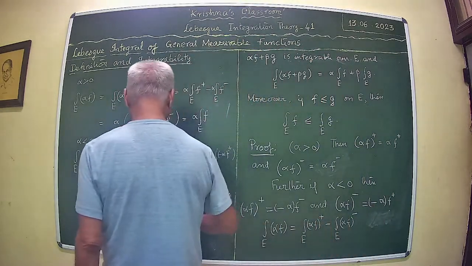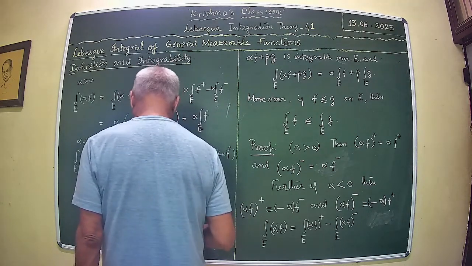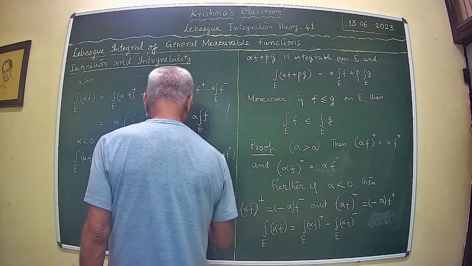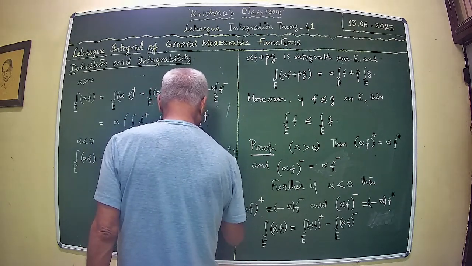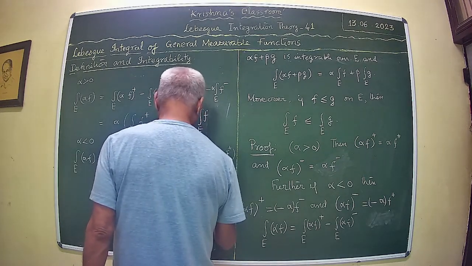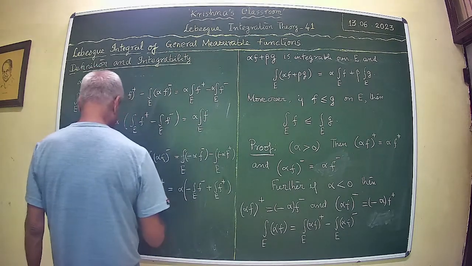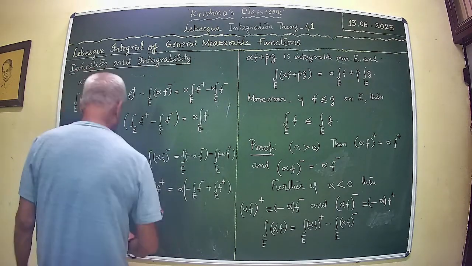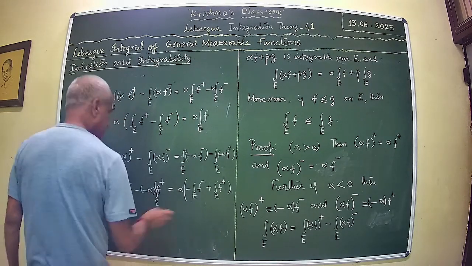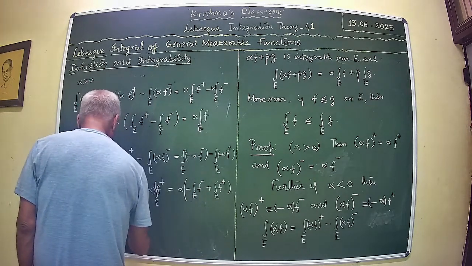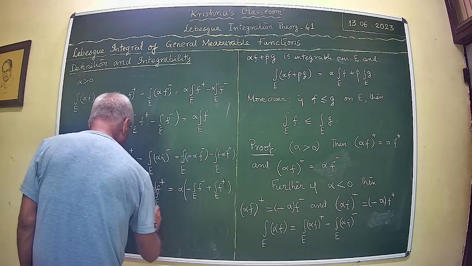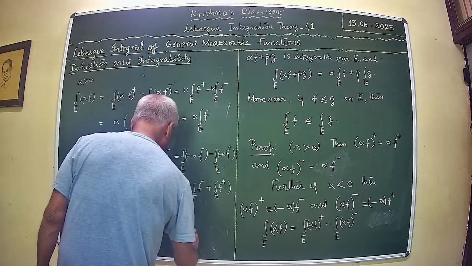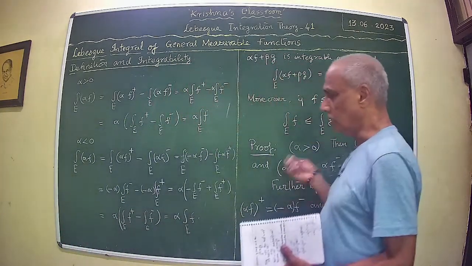This you can write as alpha times minus the integral of f minus, that's equal to alpha times the integral of f. So for alpha equal to 0, it is clear.